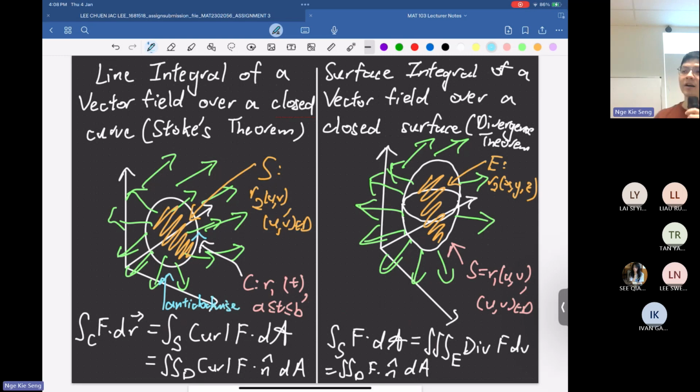And how does this give orientation on the surface? You would use the right-hand grip rule. So you have an orientation going out this way, using the right-hand grip rule.